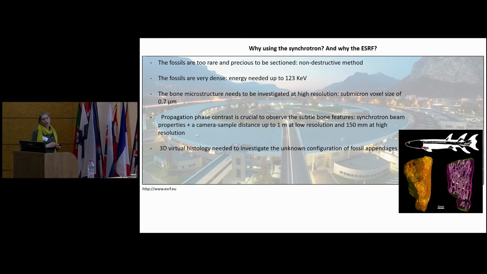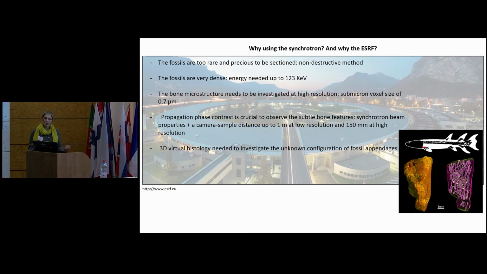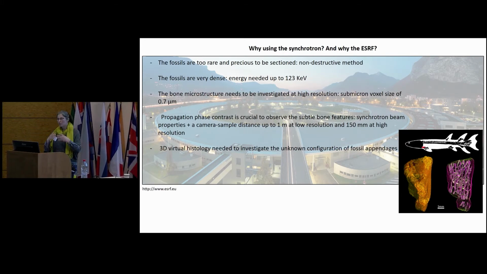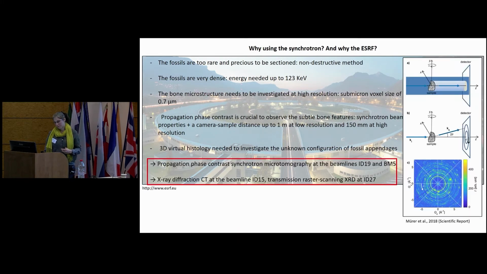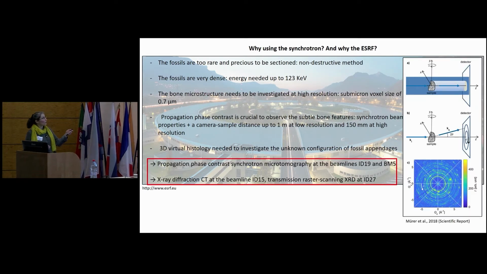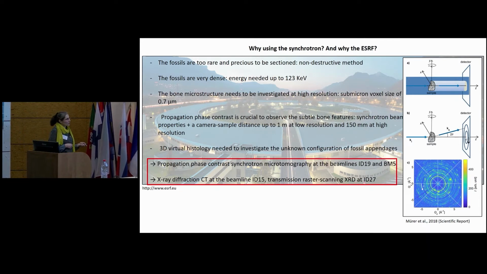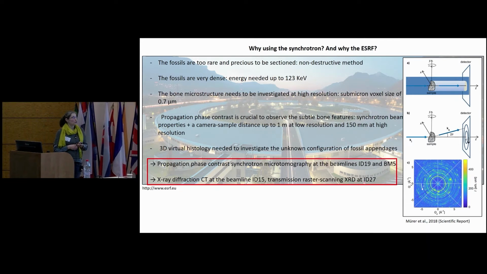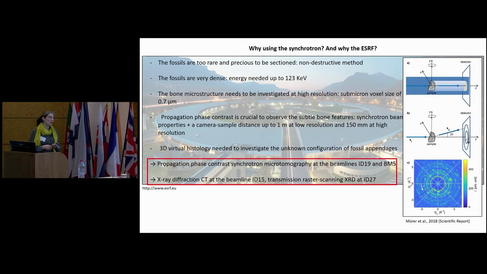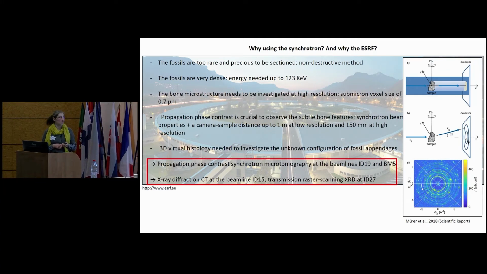As well, if we really want to understand what's happening in this transition, we need to use 3D virtual bone histology. And for that reason, we actually need a method that will provide the structure in 3D. And so if you combine all these features, all these properties, we actually needed to use propagation phase contrast synchrotron microtomography at the beamline ID19 and BM5.